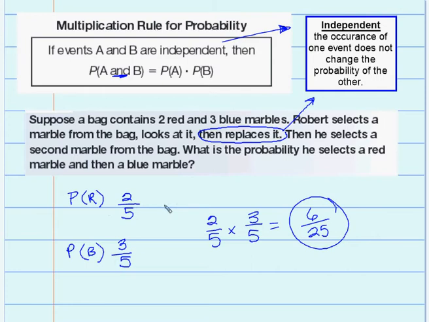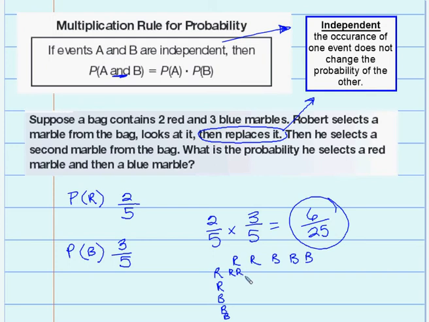Okay, a little different. We could have taken this and done a tree diagram as well, or made a chart, right? We could have gone 2 red down, and then red and blue, combining them.